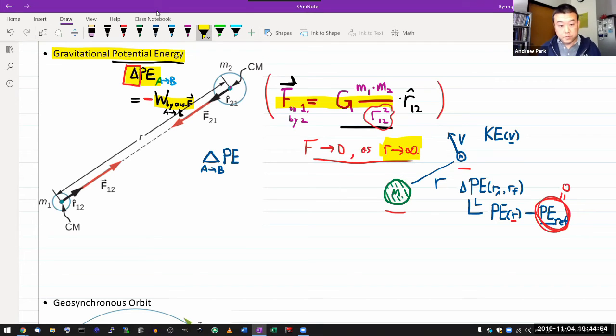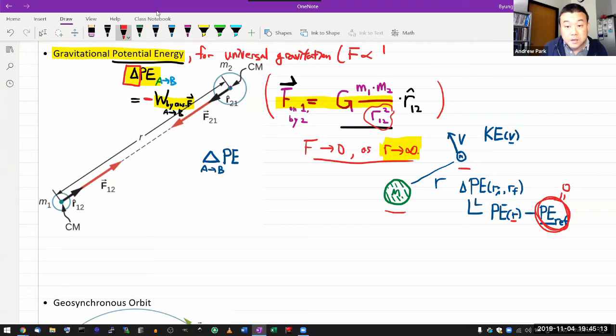So that's what we would like to do here in the calculation of gravitational potential energy for universal gravitation, by which I mean we are in the regime where we have to treat gravitational force as being an inverse square law. We want to treat this point A as not being some generic point A, but infinity. This is our universal reference point for gravitational potential energy.